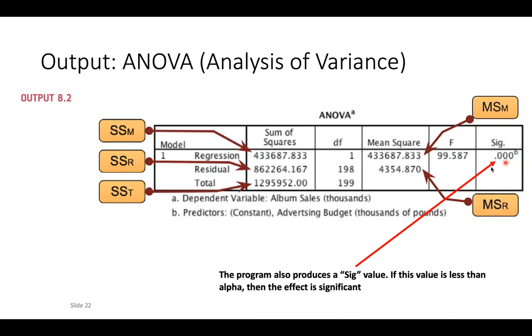So if your significance value is 0.25, what that's telling you is you're in the 25% most extreme, which is not what we want, right? We want either the 5 or the 1% most extreme. So if your significance value is larger than alpha, it's telling you you're not extreme enough. If your significance value is smaller than alpha, it's telling you you are extreme enough. You are in the 0.1% or 0.00001%, right?